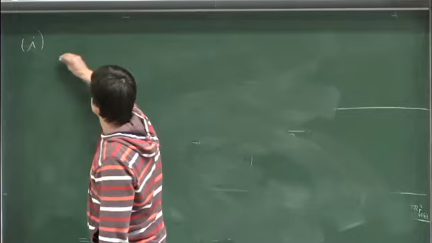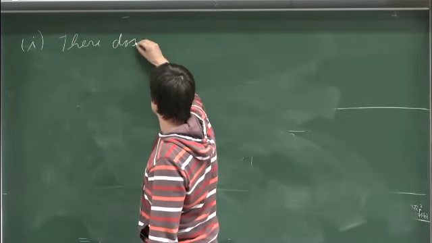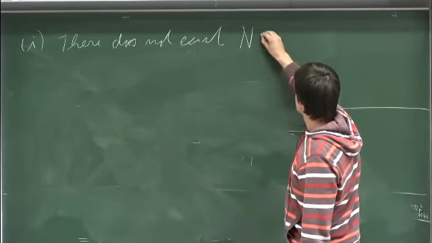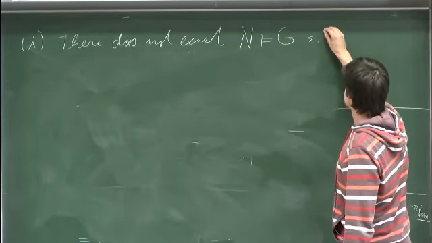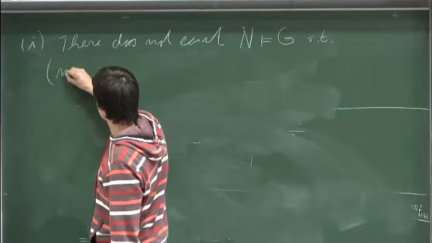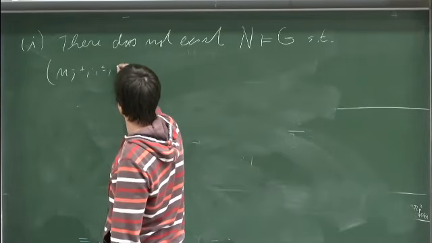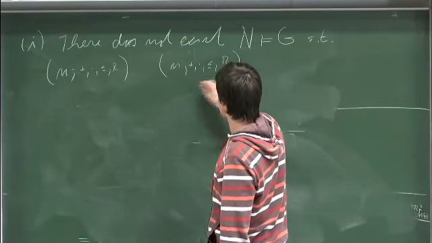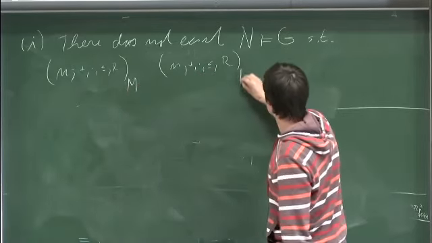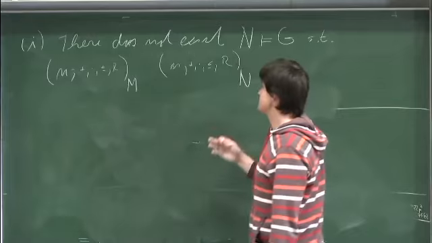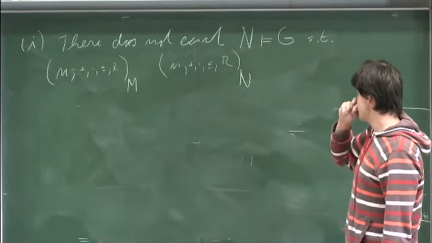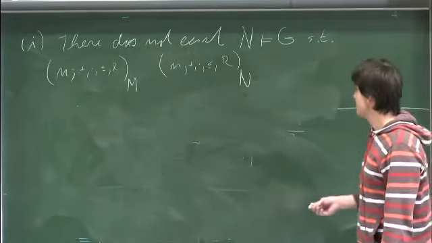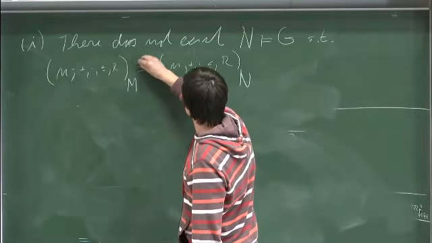Condition 1 is that there does not exist a model N of the theory G such that the following structures, denoted by these superscripts, which mean one structure is considered a substructure of the model M, the second of model N, and their domains are always in both models elements which are less than or equal to n, are isomorphic.